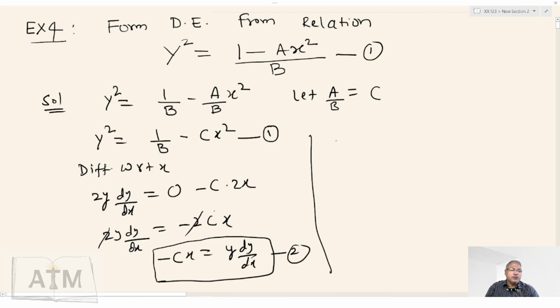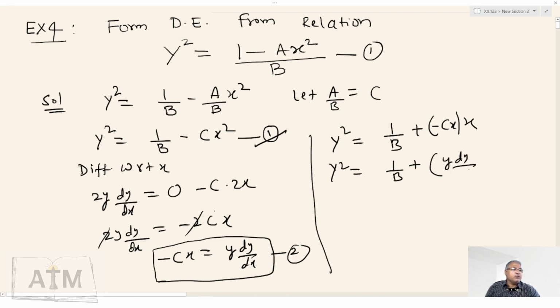So we have y² equals 1/b plus, minus cx into x. Equation 1 can be written as y² equals 1/b plus, in place of minus cx I can write y dy/dx into x.